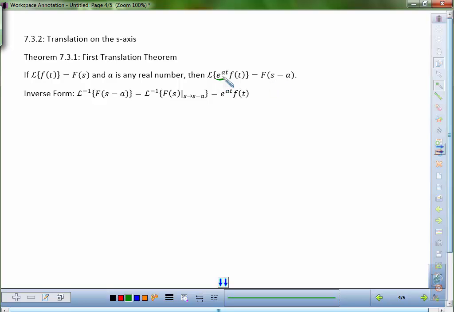So multiplying by e to the at in the t world is equivalent to a translation in the s world. So if we have a translation in the s world, that's equivalent to multiplying by e to the whatever translation is times t in the t world. That means your inverse transformation is going to be this thing.